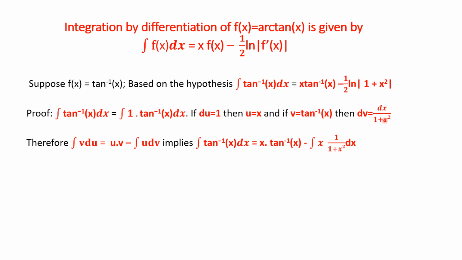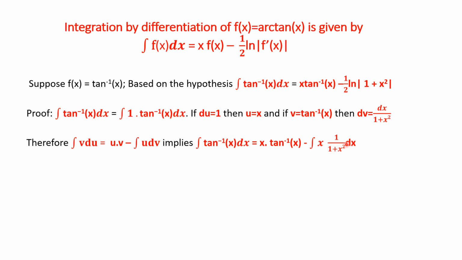Now we will go ahead and use the formula. The formula: integration of v du is equal to u multiplied by v minus integration of u dv. And this implies the integration of tan inverse of x dx equals u multiplied by v minus integration of u dv with respect to x.